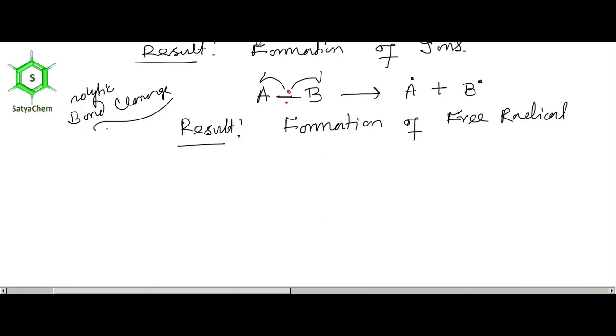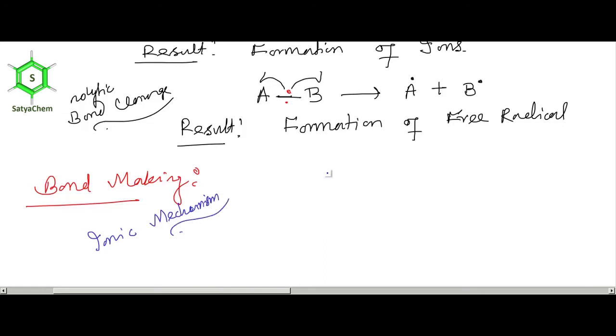Next one is bond making. There are two types of bond making. The first one is the ionic mechanism. Suppose it is X minus, an anion, which is electron rich, and the other is Y plus, which is electron deficient.